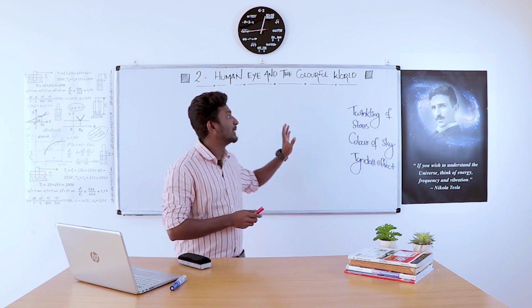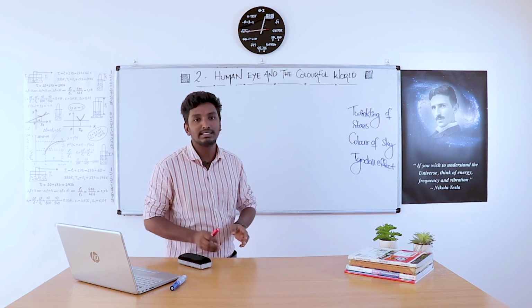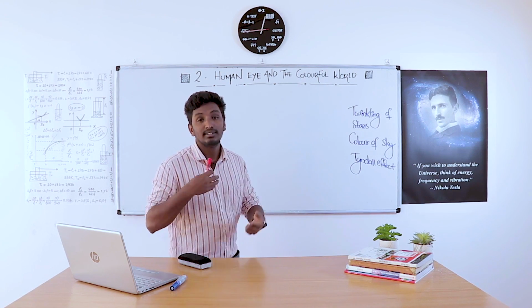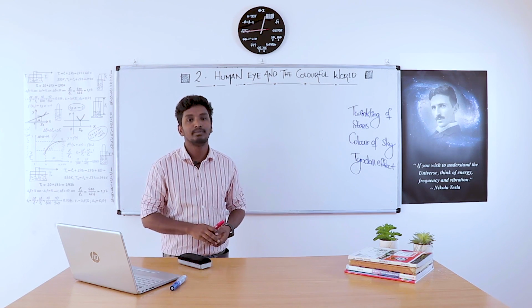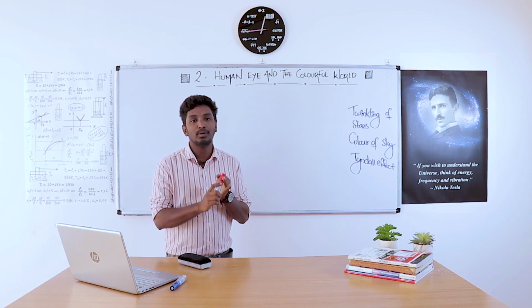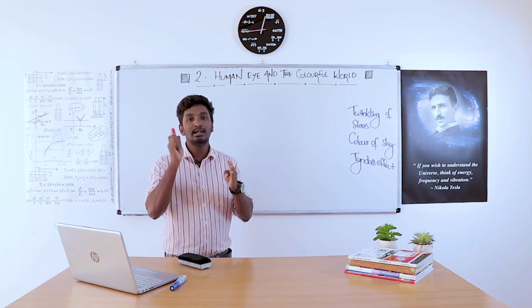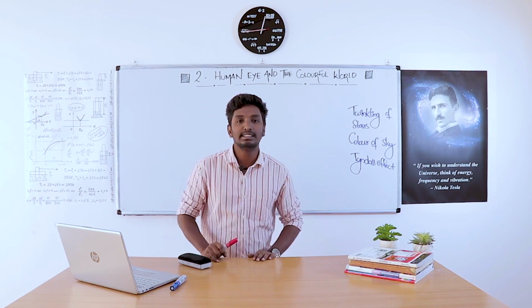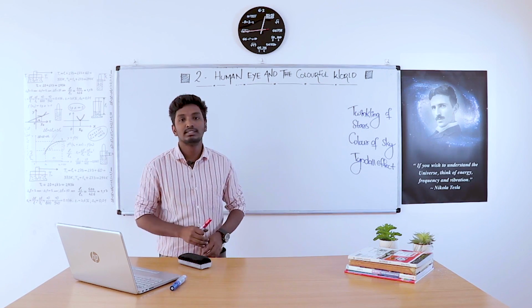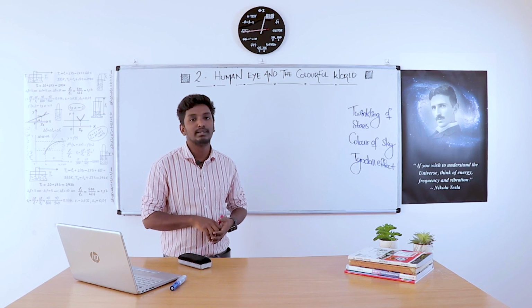These are all the parts of the human eye and all the functions are discussed. Then the defects of the human eye: color blindness, myopia, hypermetropia, presbyopia, astigmatism, and cataract. These are the defects that cause harm to the human eye.